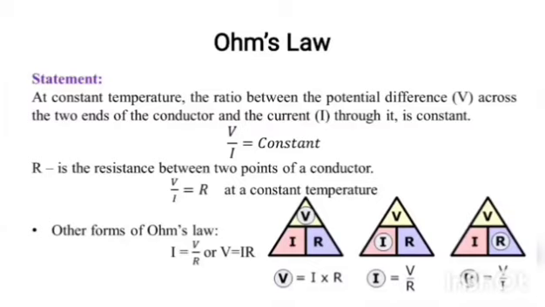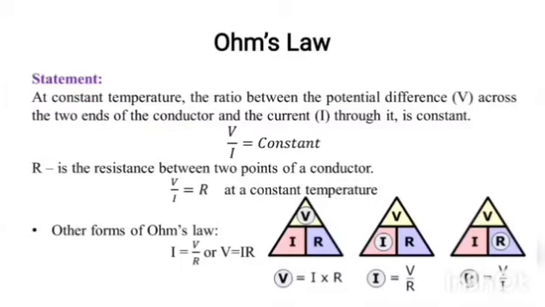At that time the ratio between the voltage across the two ends of the conductor and the current that passes through the conductor is constant. That gives V by I equal to constant. And there is a resistance R between the 2 points of the conductor. R will replace the constant. So V by I equal to R. This all happens at a constant temperature only.